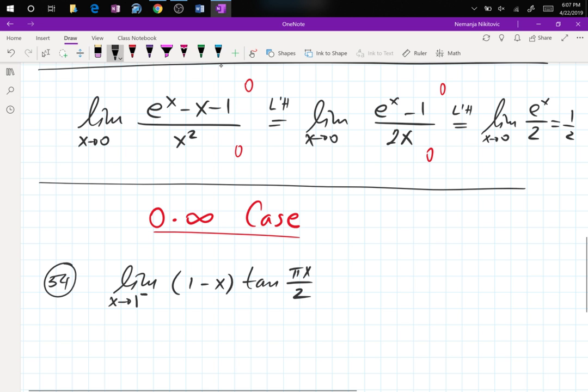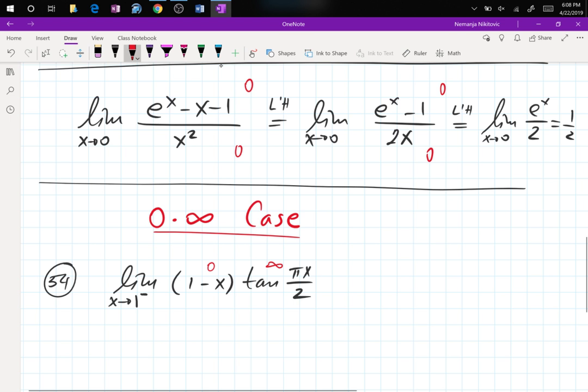What you have in this case is, as you can see, clearly a 0 times infinity case, because tangent of pi over 2 is infinity, and 1 minus 1 is 0. So how do we deal with this?